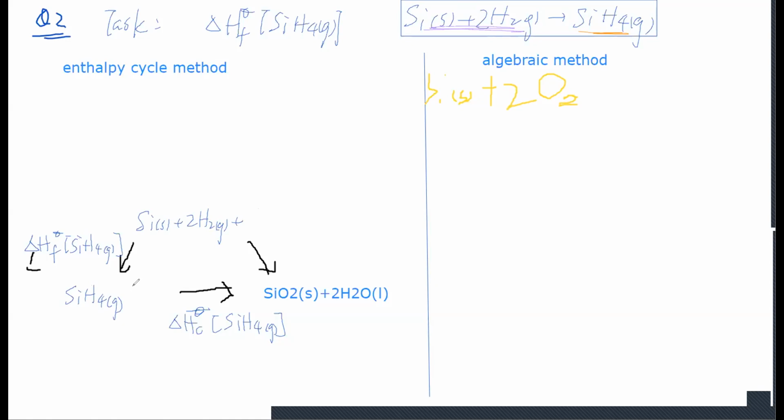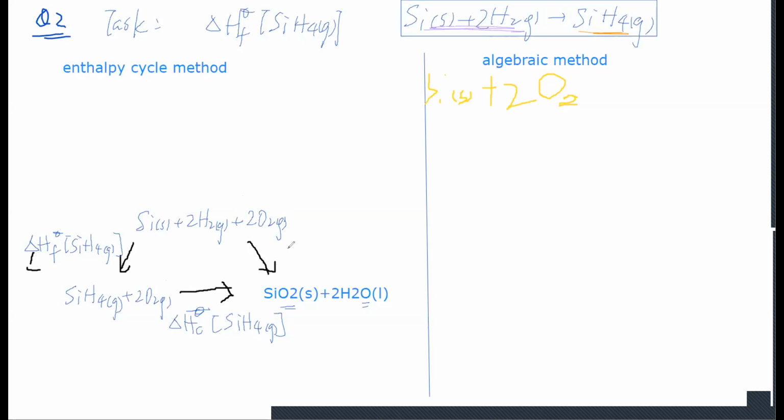How about O2? How many O2 are here? We have got 2 O, right? You're going to balance the whole thing, right? So 2O2. Agree? 2O2. The same, right?